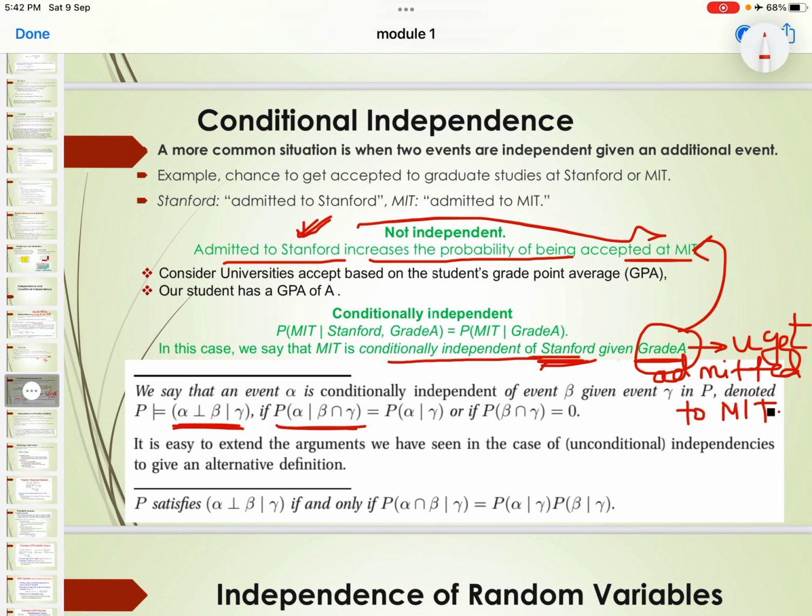If P of alpha given beta intersection gamma is equal to P of alpha given gamma, or P of beta intersection gamma is 0.